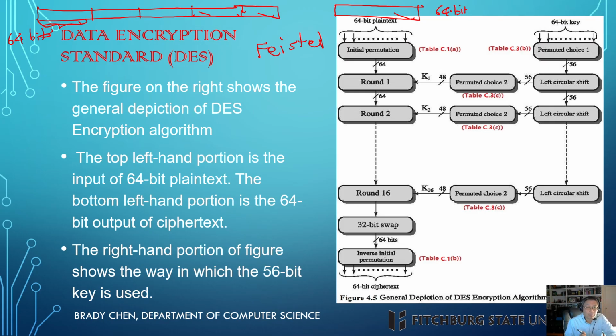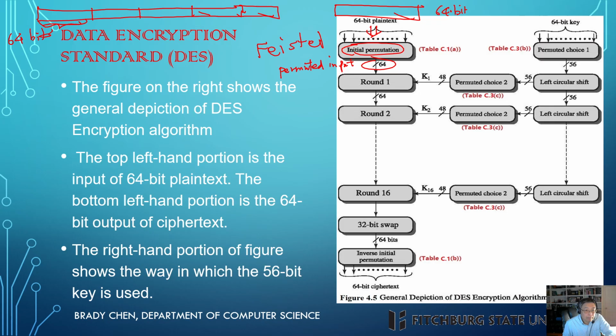The 64-bit plaintext passes through a process called the initial permutation, which rearranges the bits to produce the permuted input, which is also 64-bit.